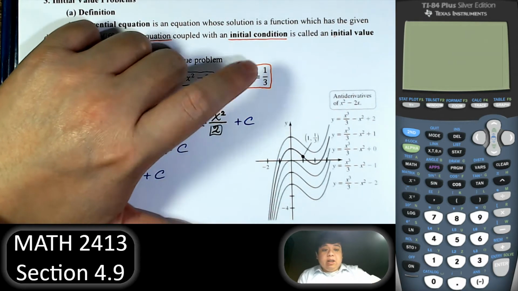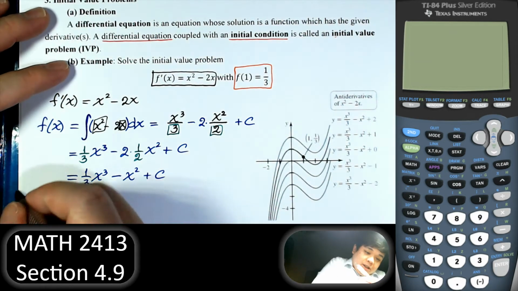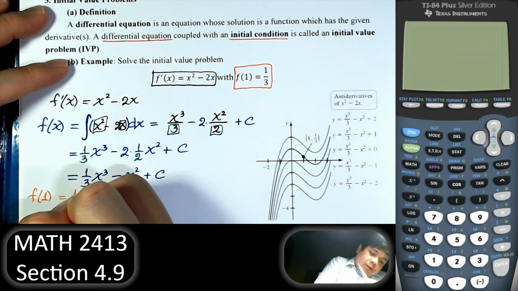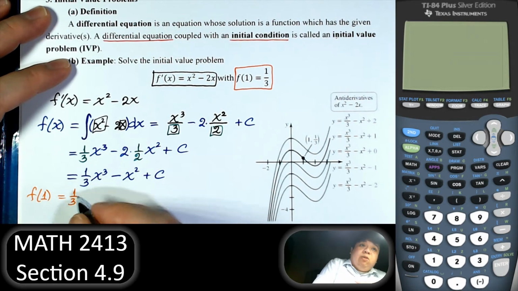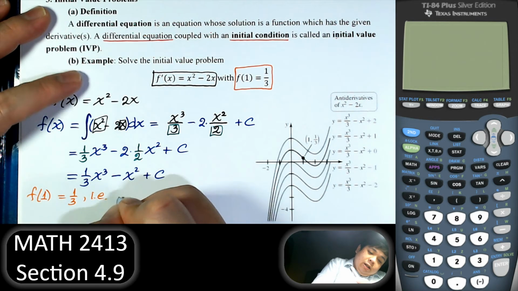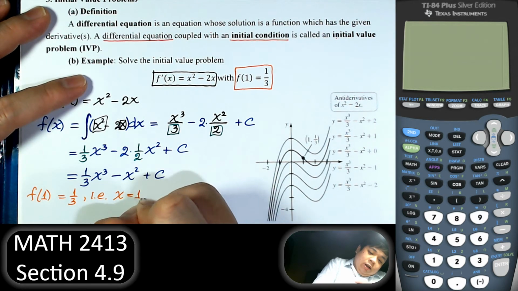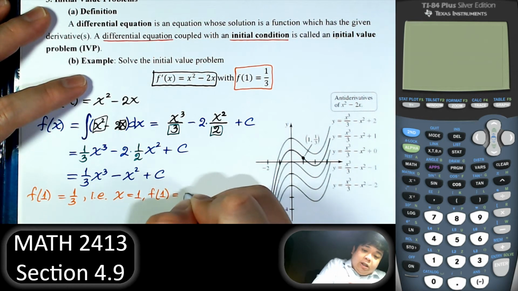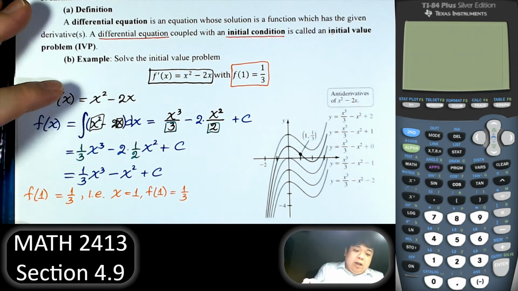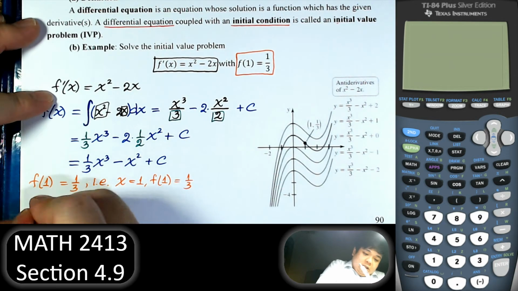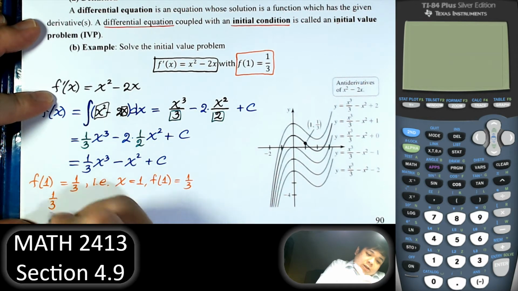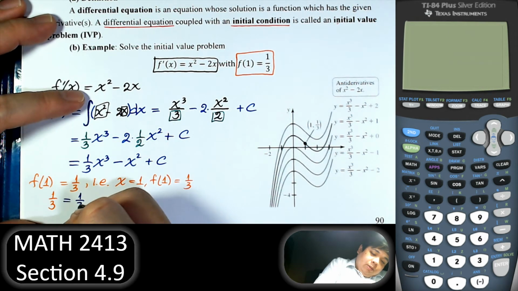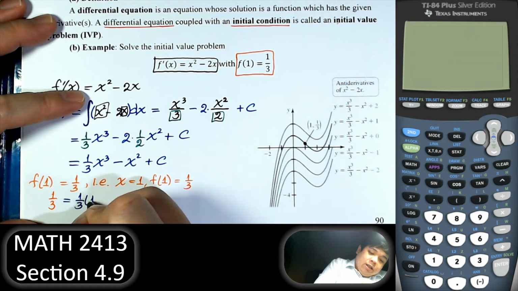And finally, for the initial condition, for this we mean x equal to 1, the function of 1 is equal to 1/3. So the function is equal to 1/3 where we put 1 in for x.